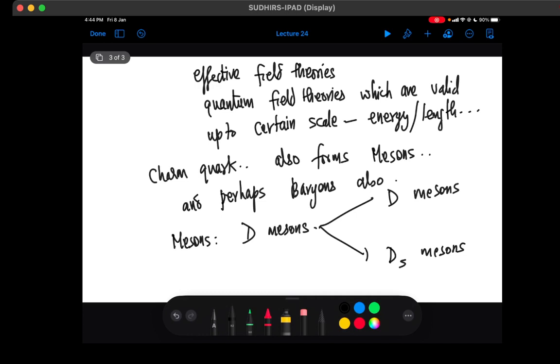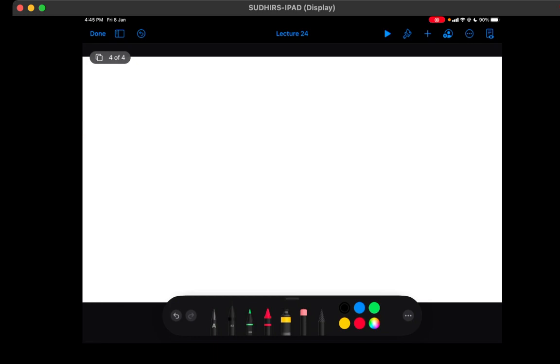And when the charm quark sits with other quarks, say U and D, these are called D mesons without any suffix. The D mesons are being studied most of the time.